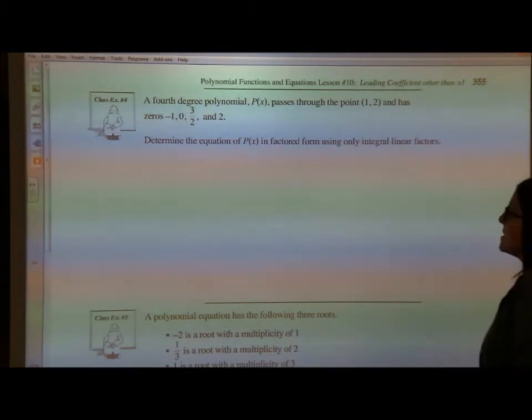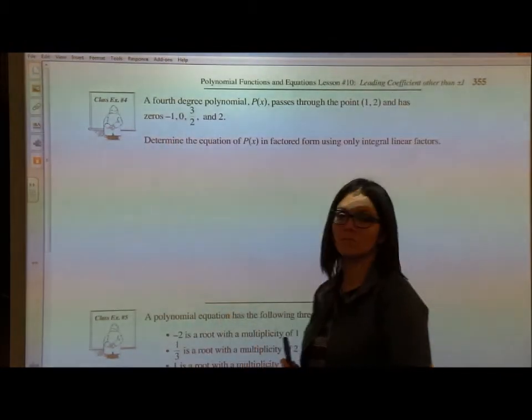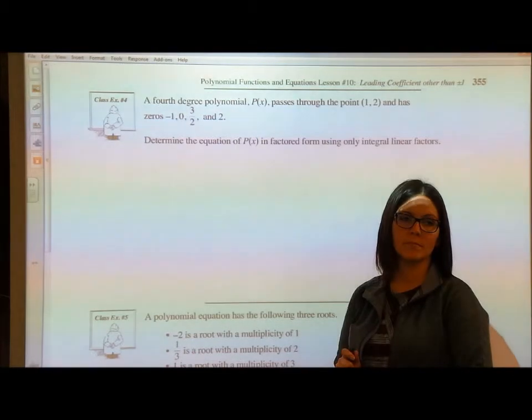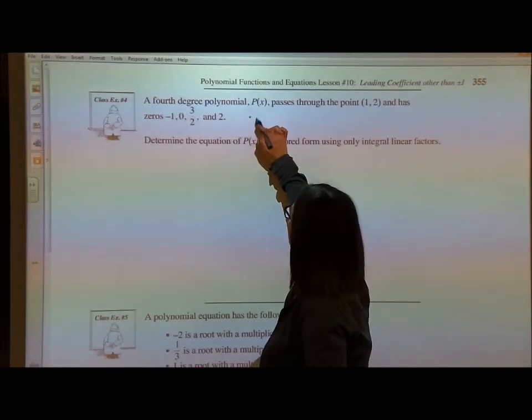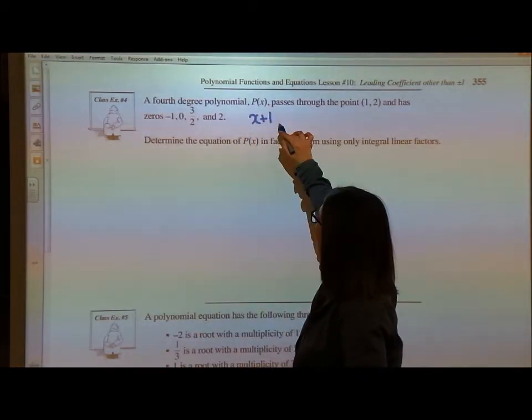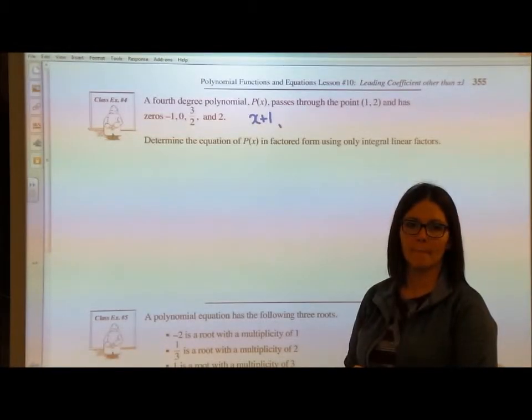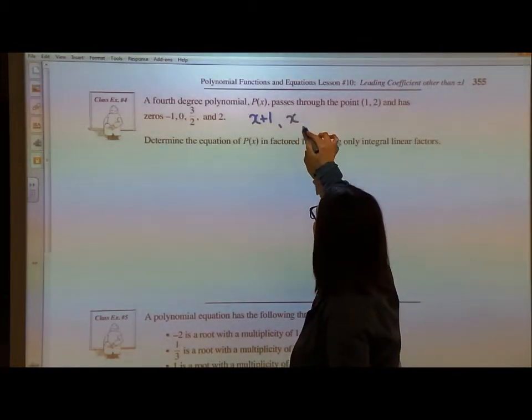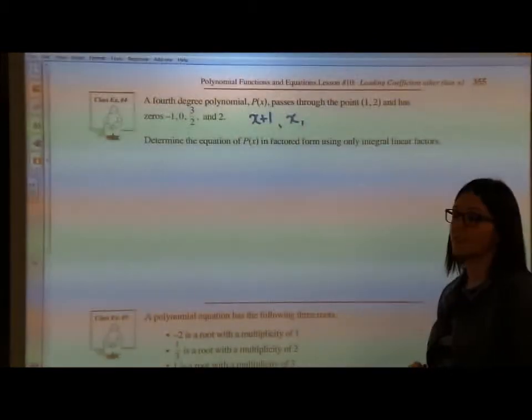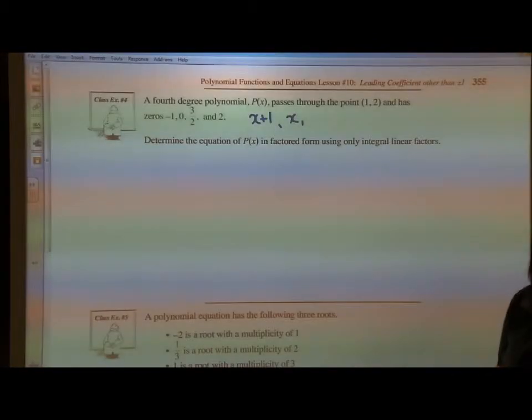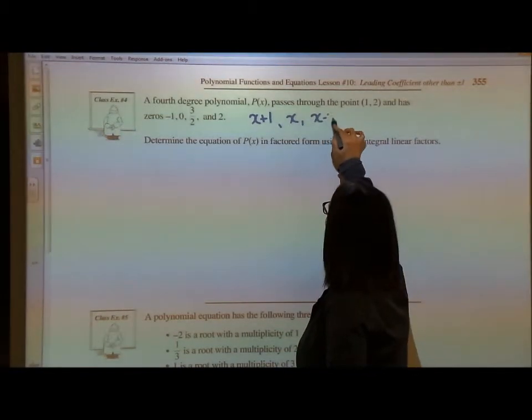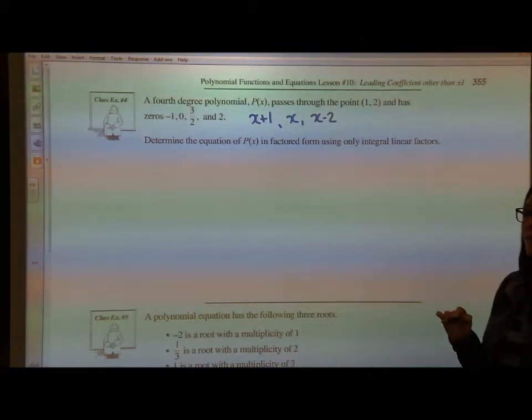So if I have a 0 at negative 1, what's my factor? If I have a 0 at 0, my factor would be x. We'll skip the 3/2. If I have a 0 at 2, my factor would be x minus 2, and then that 0 at 3/2.